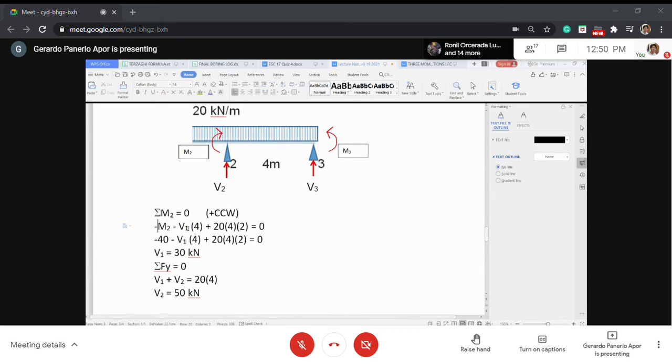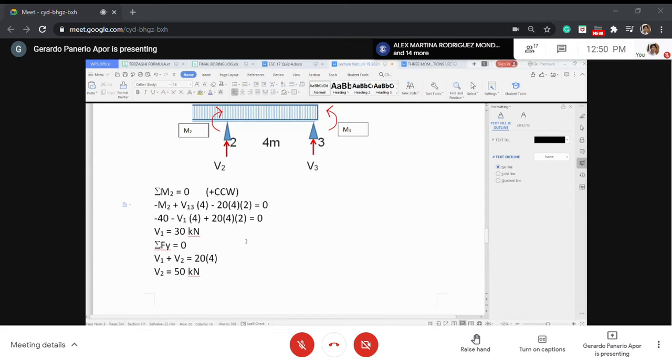Then we have B3, this is positive B3 times 4. Then you have minus 20 times 4 times 2. So into here is counterclockwise moment, so this will become positive 40.